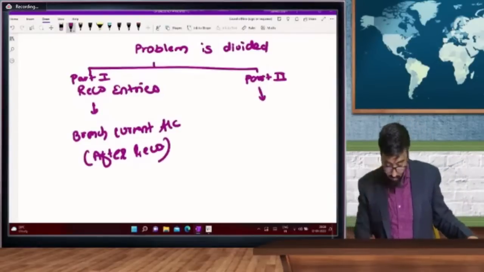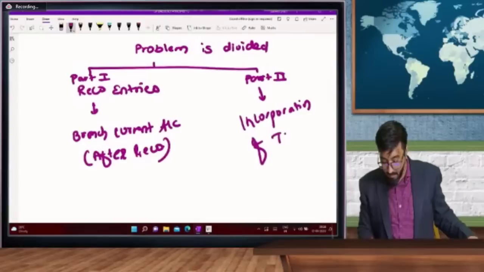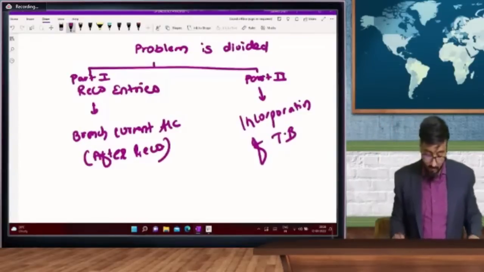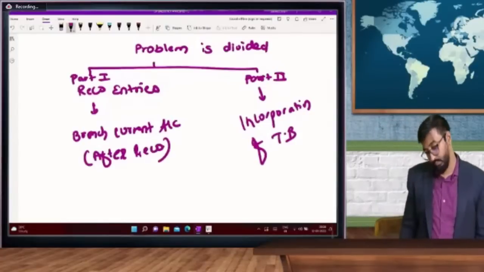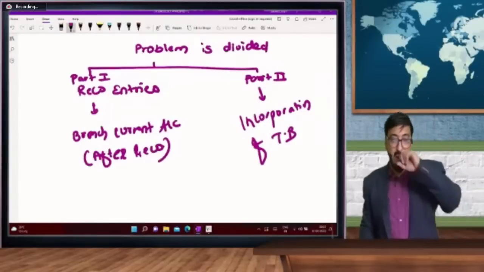Part 2 is the incorporation of the trial balance. Part 1 and Part 2.